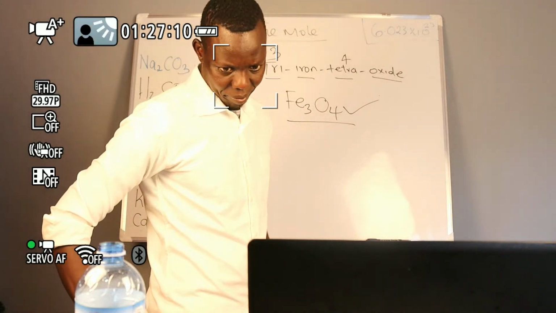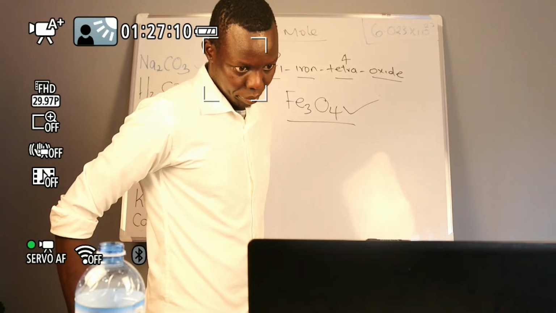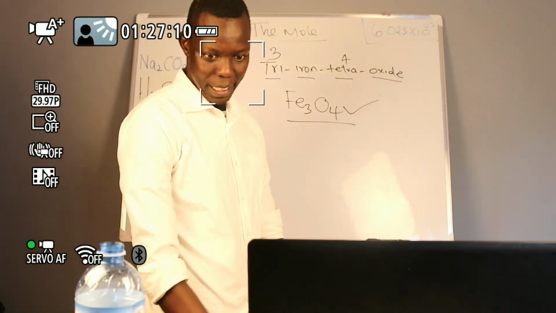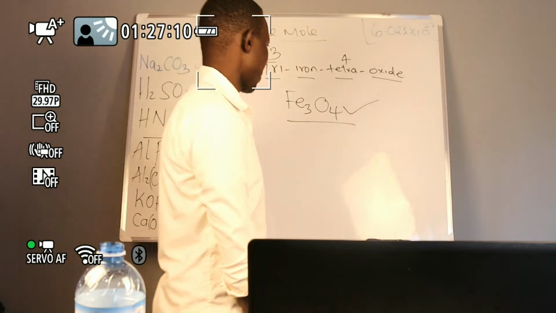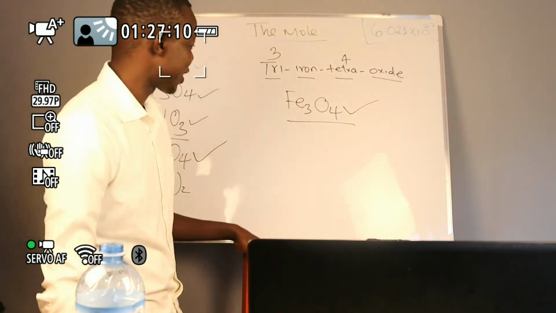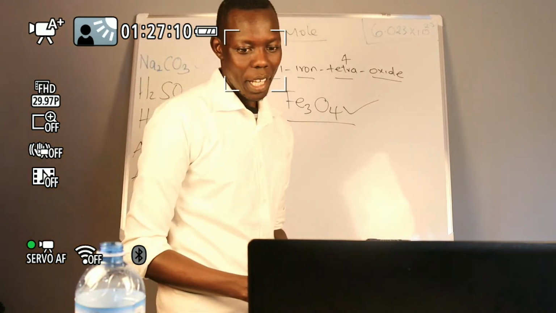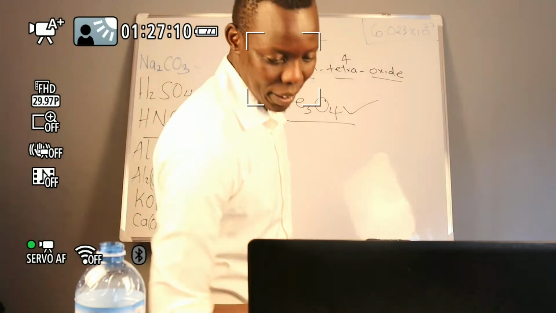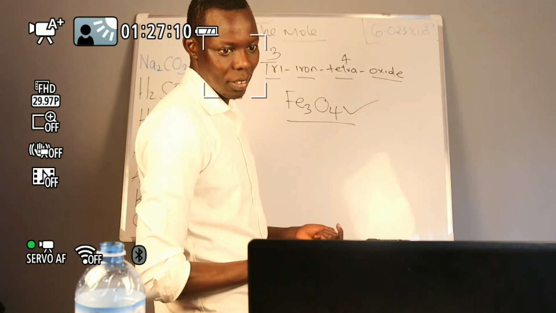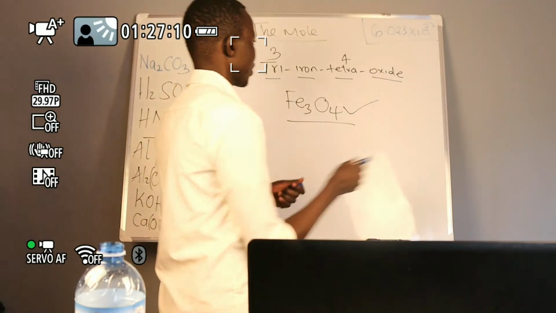Are we together? Are you okay? Can you proceed? Okay, before that, write for me the formula of iron 2 oxide, and write for me the formula of iron 3 oxide.